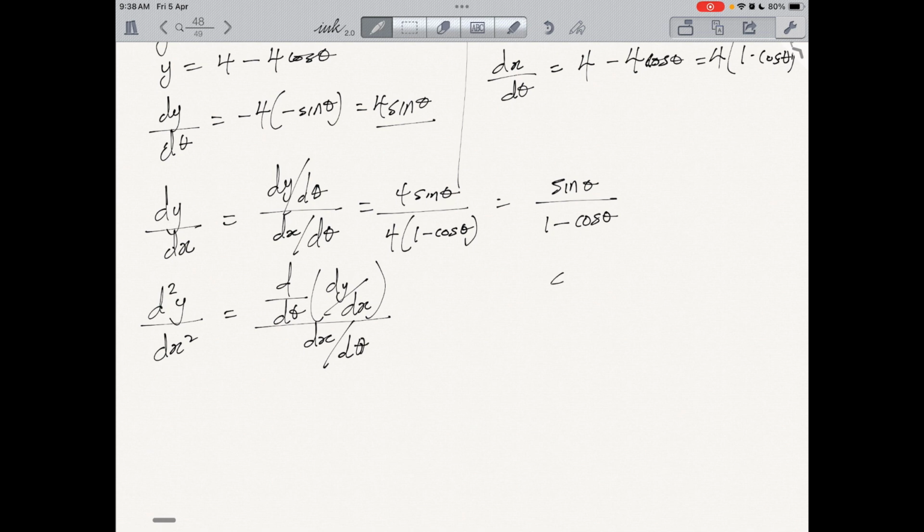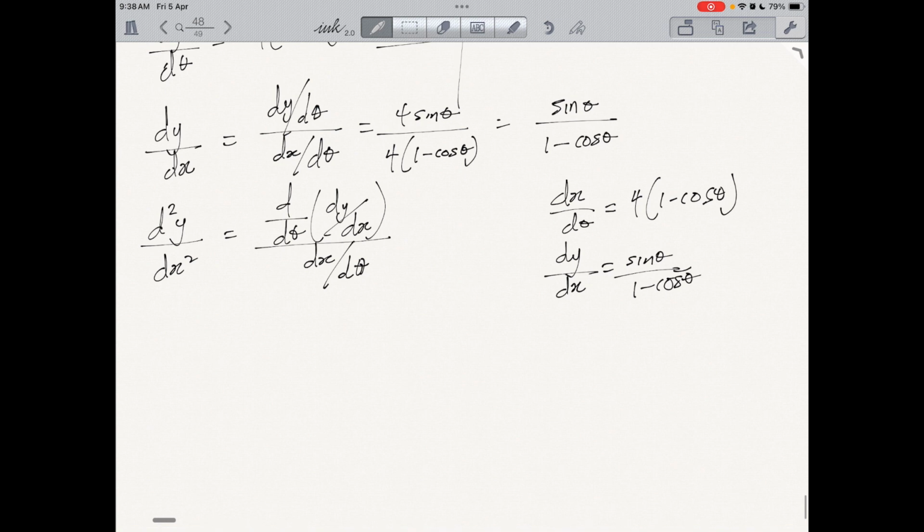Now we know that dx/d theta is 4 into 1 minus cos theta, and our dy/dx is sine theta over 1 minus cos theta. Now let's differentiate with respect to theta of dy/dx. That's differentiating with respect to theta of sine theta divided by 1 minus cos theta.